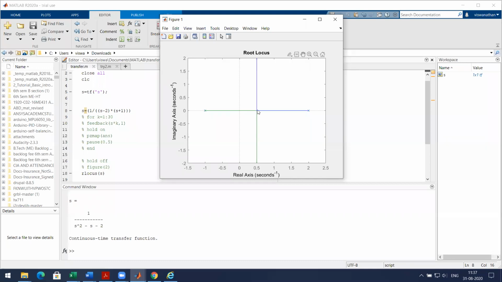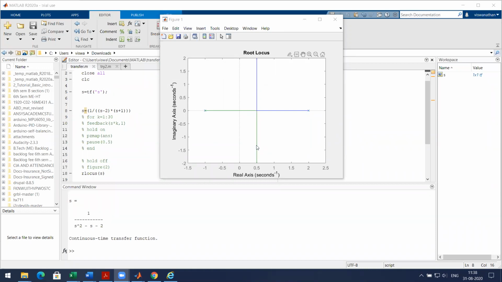If you use a P controller, it will not help, because for whatever value of KP, this will not become stable.